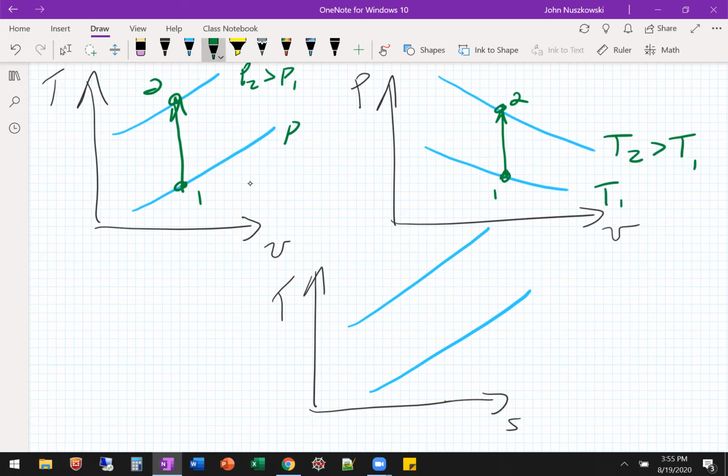Okay. Now, the TS diagram. Volume is being held constant, but we have a TS. So that means we got to figure out, is the entropy at state 2 greater than the entropy at state 1, or is it less than? Okay. S2 is greater in this case, and it doesn't have to be greater, even with SGen.